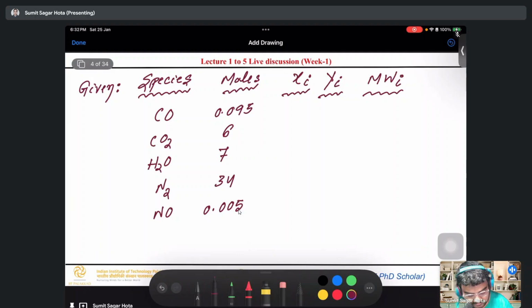For carbon monoxide it is 28.010, for carbon dioxide it's 44.011, H2O it is 18.016, N2 it's 28.013, and NO it is 30.006.